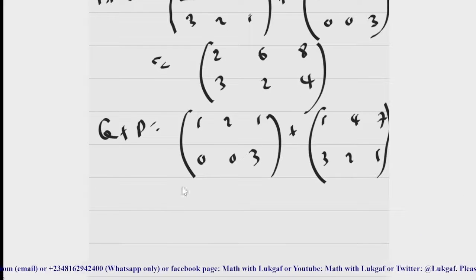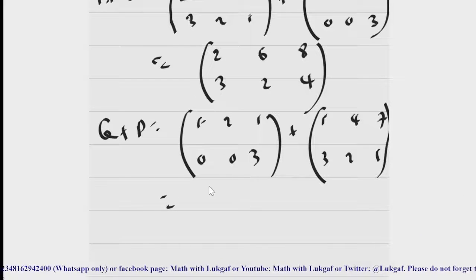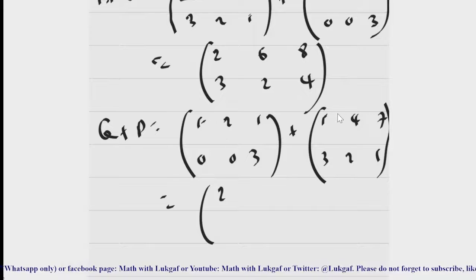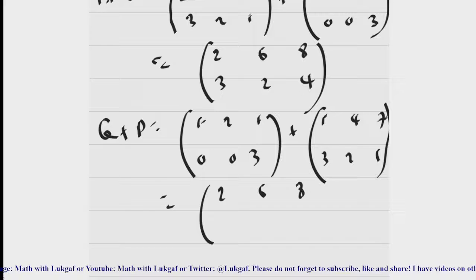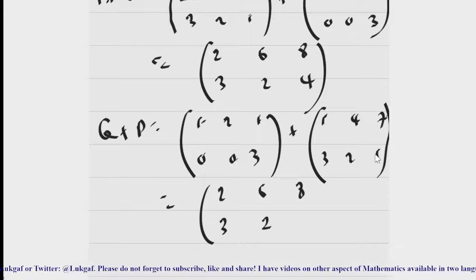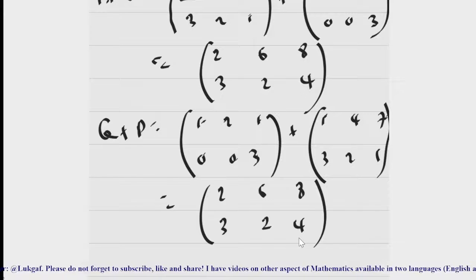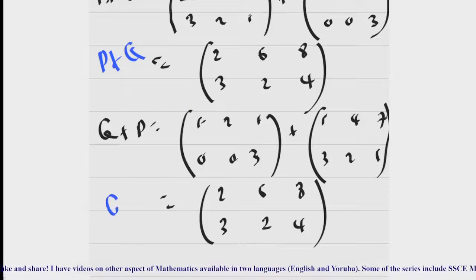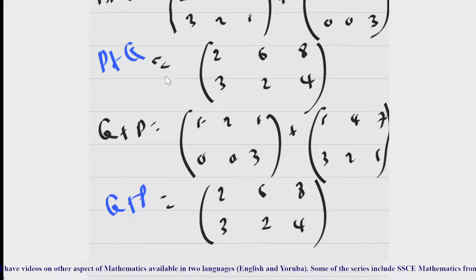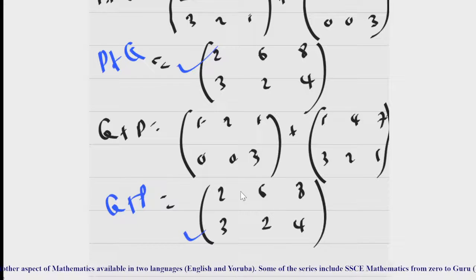So 1 plus 1, 2, 2 plus 4, 6, 1 plus 7, 8, 0 plus 3, 3, 0 plus 2, 2, 3 plus 1, 4. So what do you observe? You observe that my P plus Q here and my Q plus P are the same. You understand now?